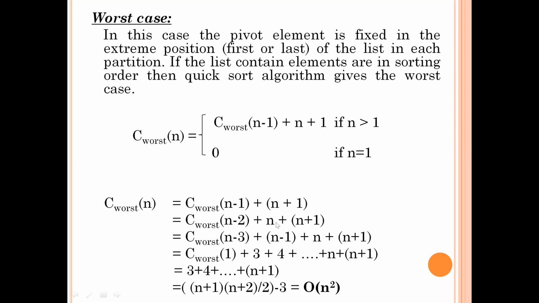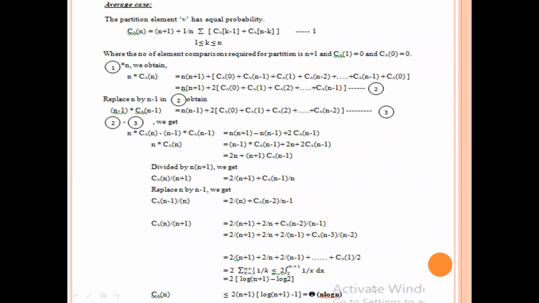If you simplify like this and so on, you will get 3 plus 4 plus so on plus n plus 1. Now this C of 1 will become 0. So this series will become n into n plus 2 by 2. If you remove all these constants, then it will become n square.